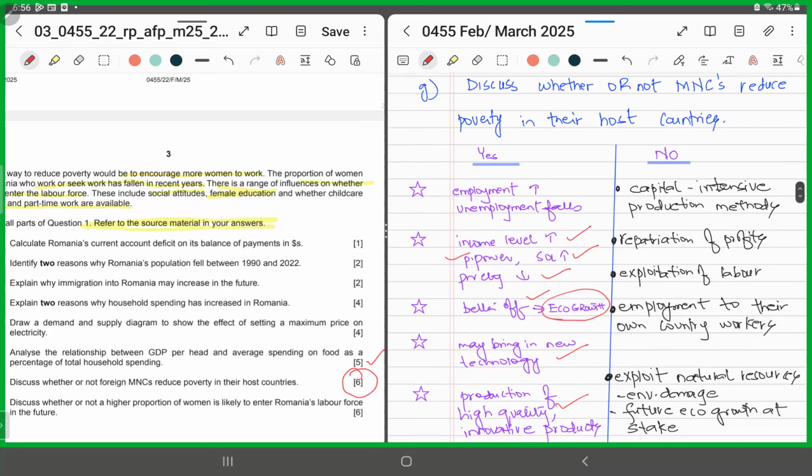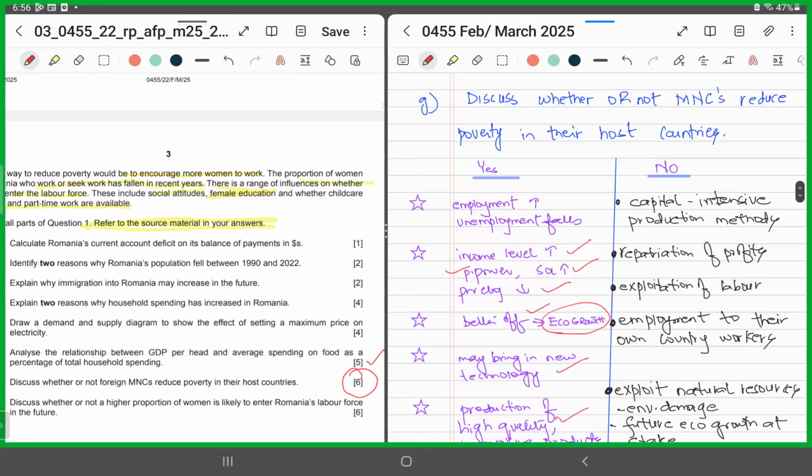However, you could say that the advent of MNCs might not be able to reduce the level of poverty in the host countries. Rather, it could be that instead of providing employment opportunities, they might employ capital intensive production methods, which means that the level of employment would reduce and unemployment might rise.